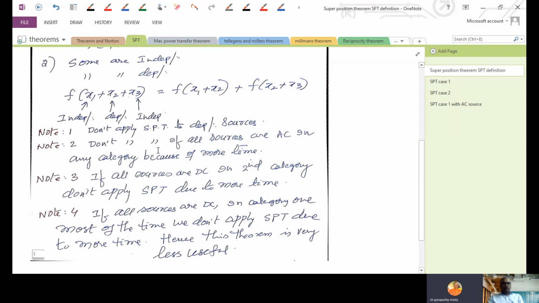Note 2. Don't apply the superposition theorem if all sources are AC, in any category, because it takes more time.